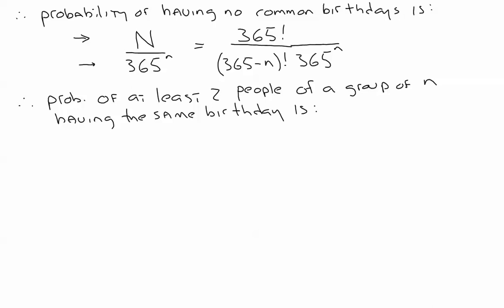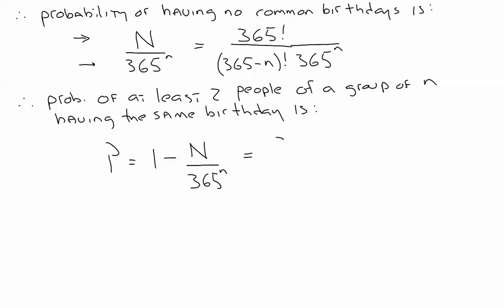So the probability of at least 2 people out of a group of n having the same birthday is capital P. It's going to be 1 minus capital N divided by 365 raised to the nth power.